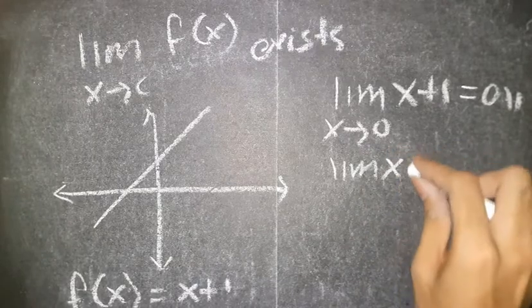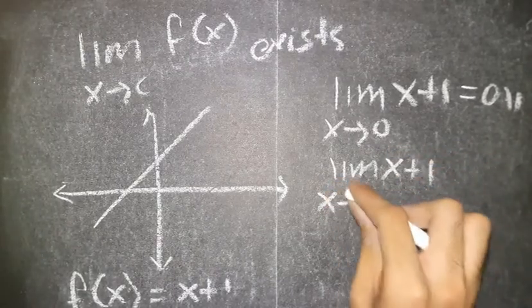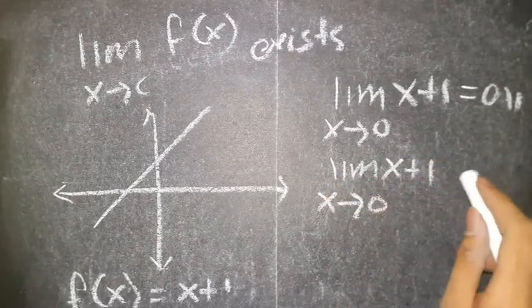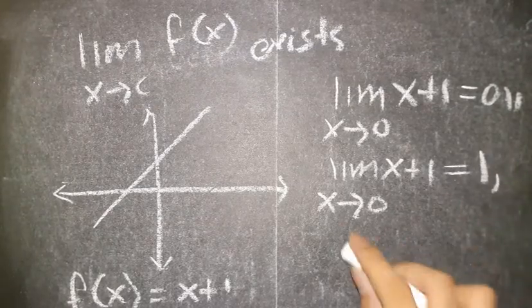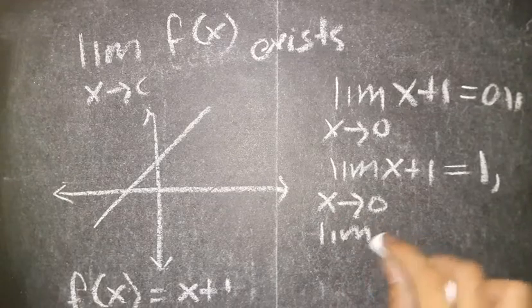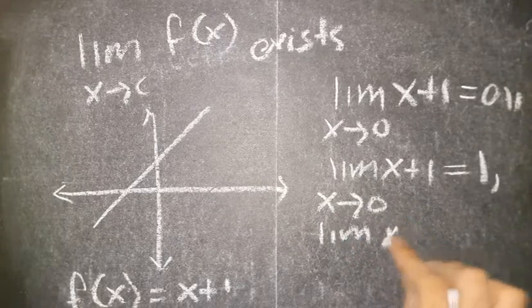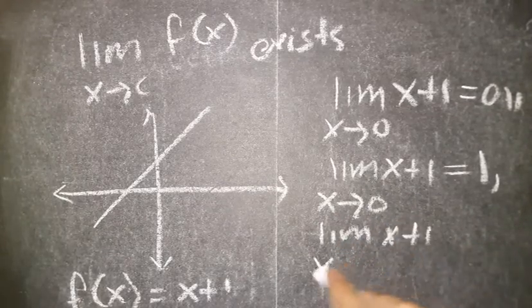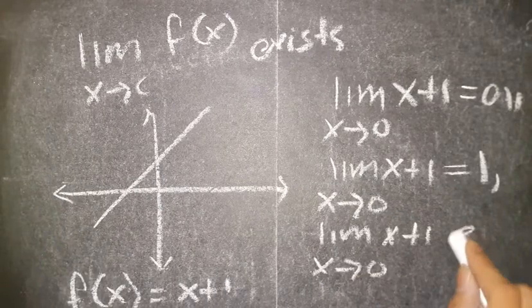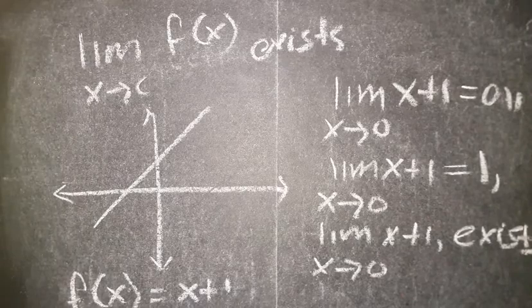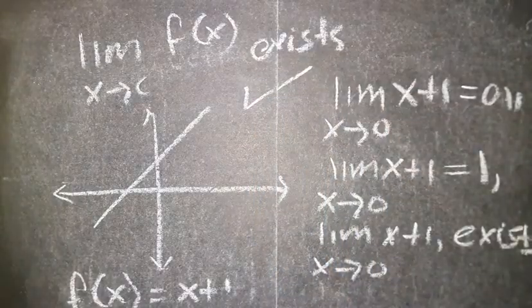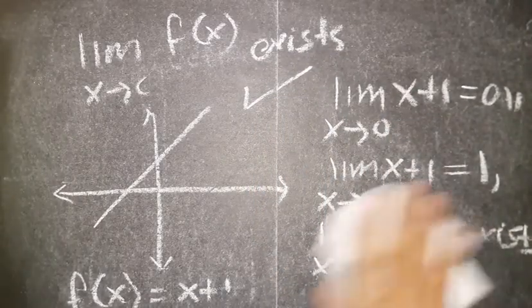Thus, the limit of x plus 1 as x approaches 0 is equal to 1. Thus, the limit exists. Thus, the limit of f of x as x approaches 0 exists.